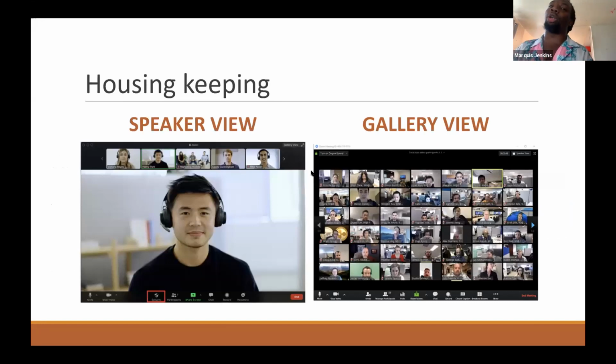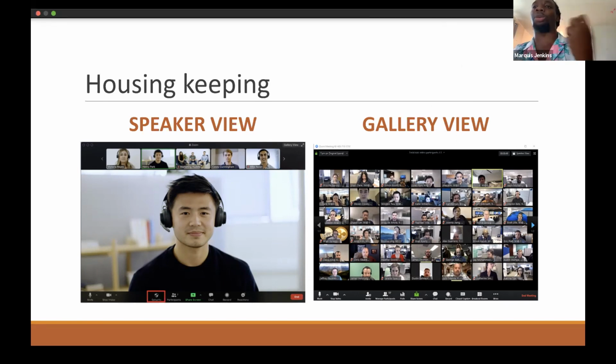This is my favorite feature, gallery view. I love gallery view because it allows us to see everyone who is participating in this and see the facial expressions and all that good love that's coming from people participating. However, we're going to have some dynamic speakers, as I mentioned, so you might want to zero in and focus on that speaker by clicking on the speaker view.